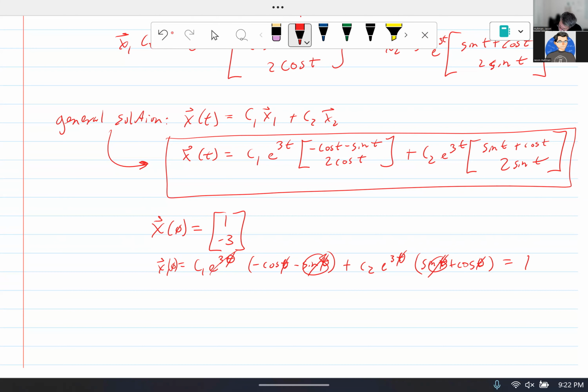So that goes away, that goes away, and I'm just left with negative 1 here. So negative c1 plus c2 is equal to 1. Negative c1 plus c2 equals 1.